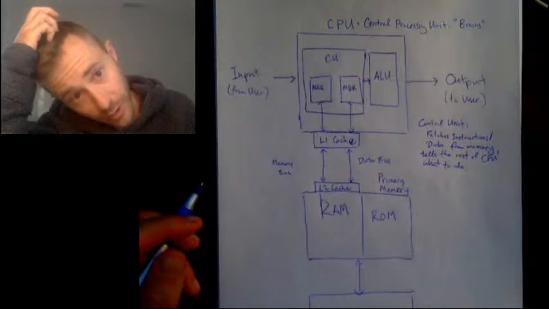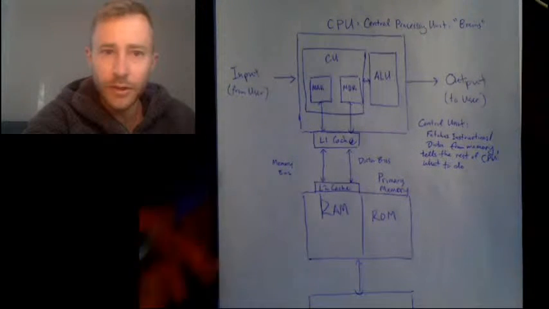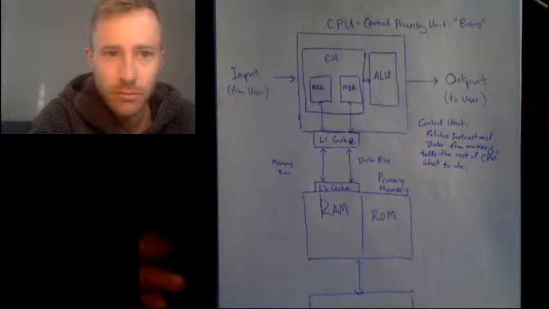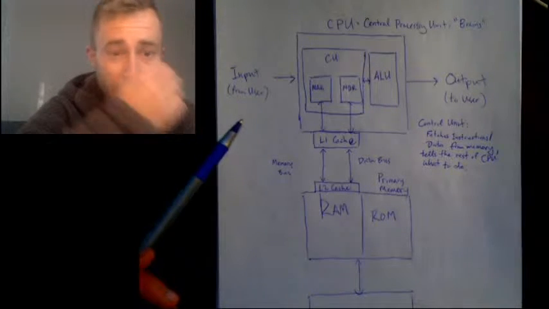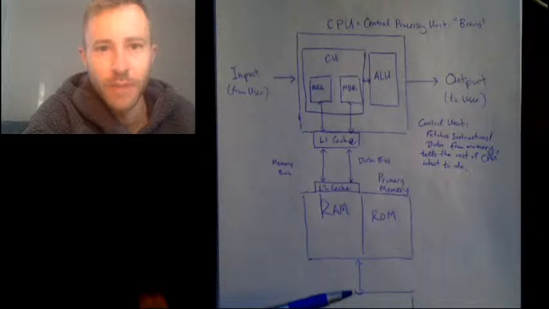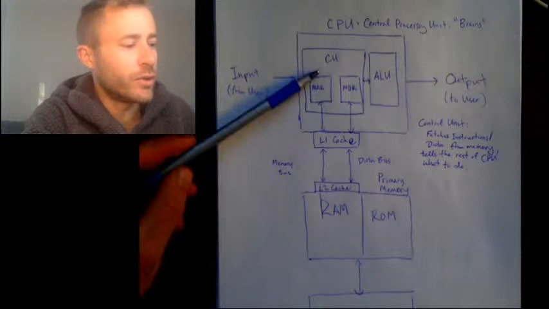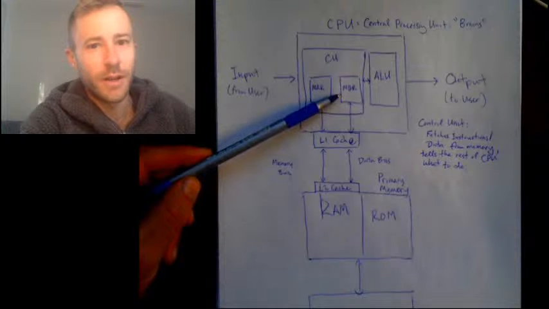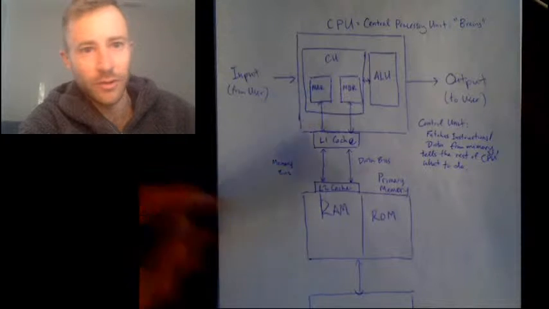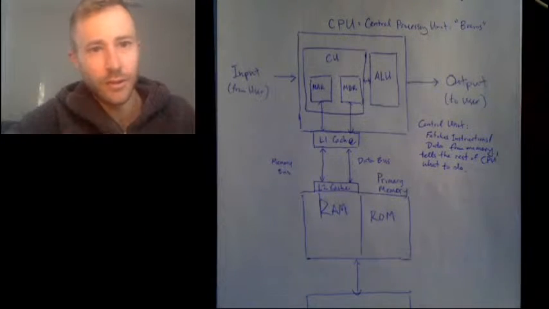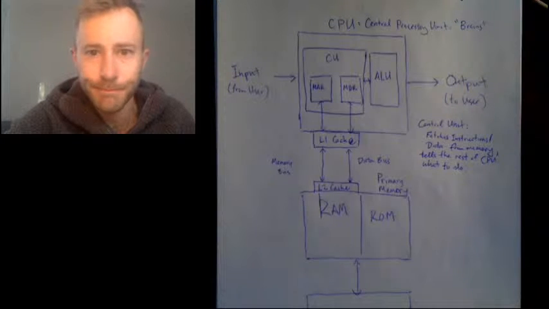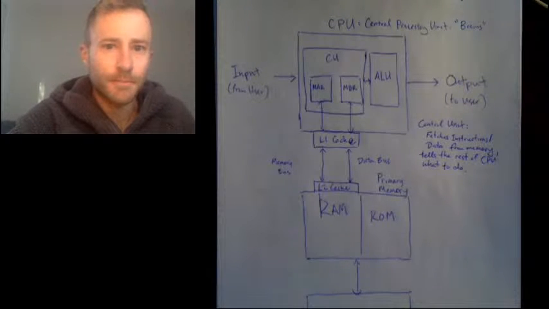For example, if you want to add a number to another number that's in memory, the control unit is going to get that number from the memory and then tell the rest of the CPU, hey, we're supposed to add these two numbers together.